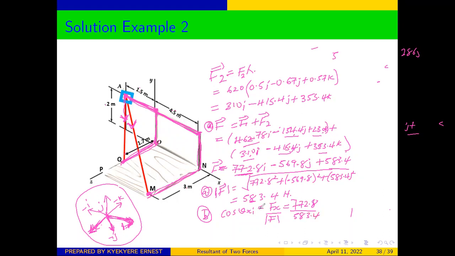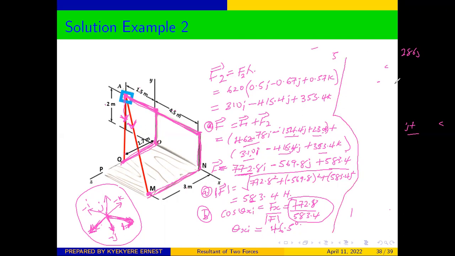When you find the cos inverse of whatever is here, we are going to get 46.5 degrees.